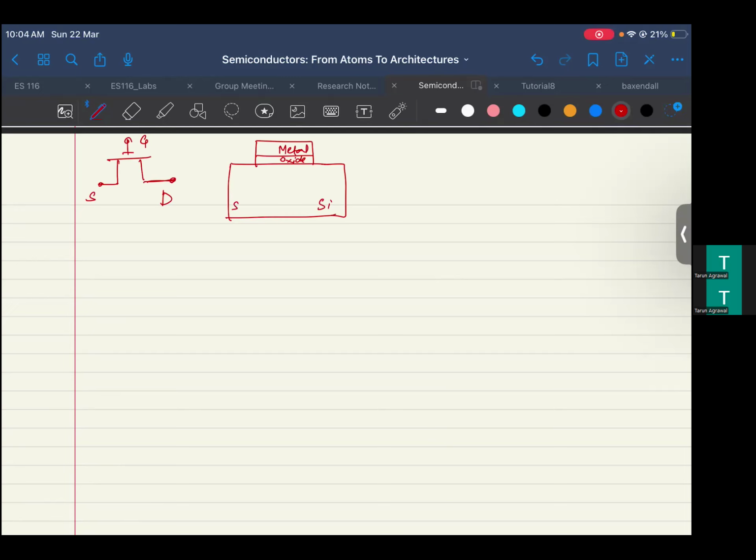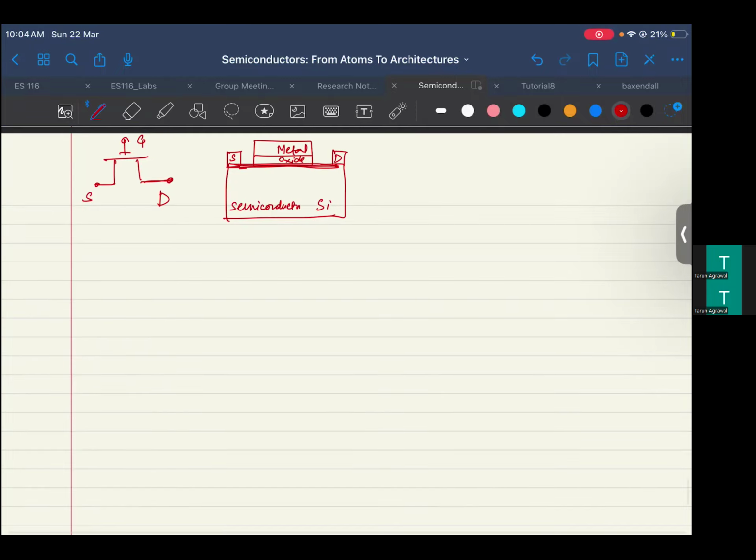So this is our semiconductor. And then we had other pieces, source and drain metal, to apply the electric field so that our current starts to flow in this region. That is the main operation of the MOSFET which we saw.